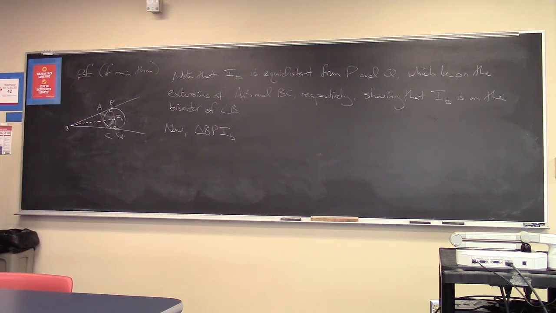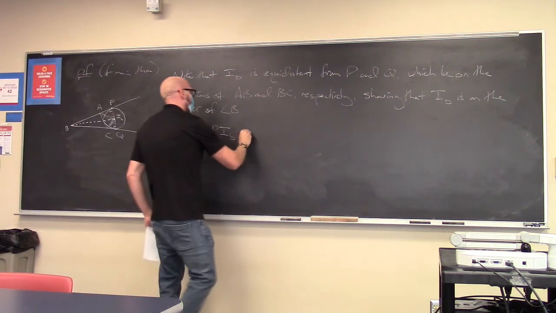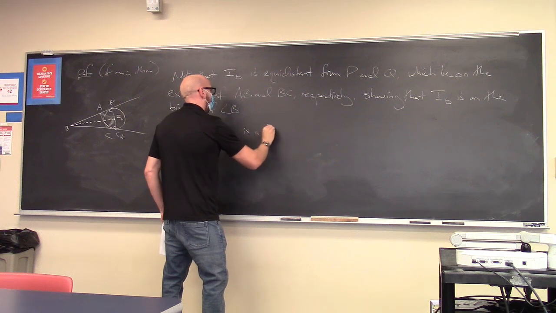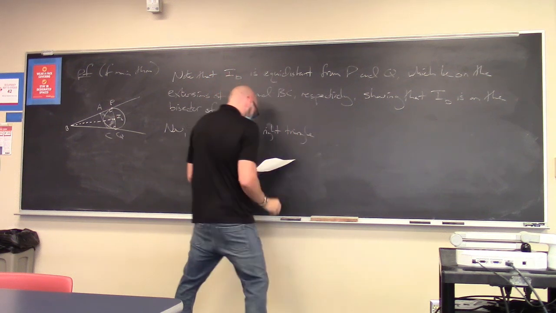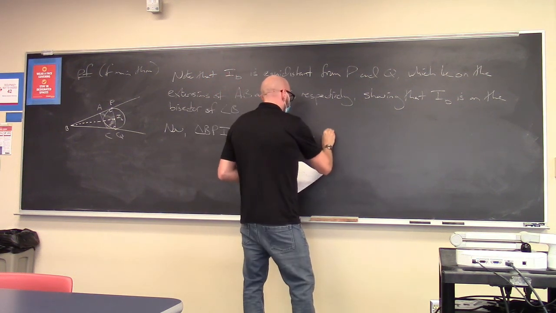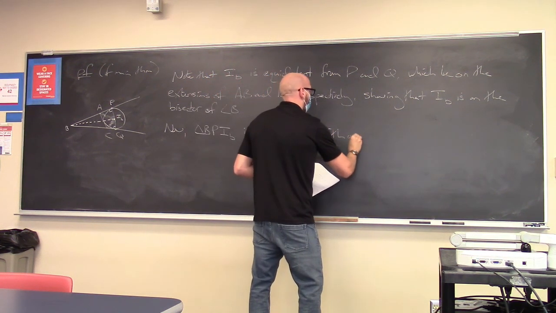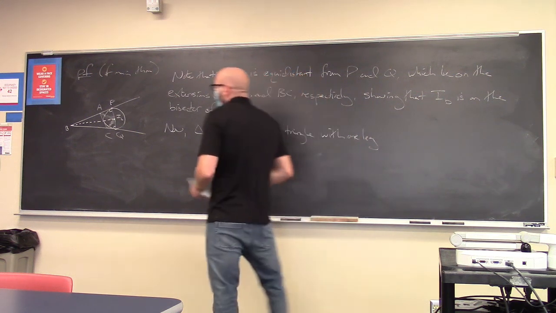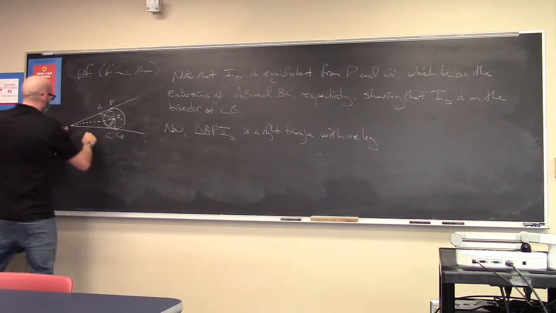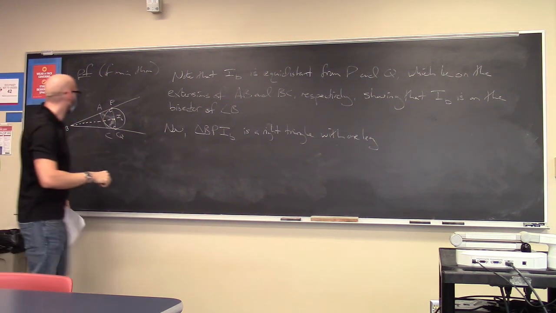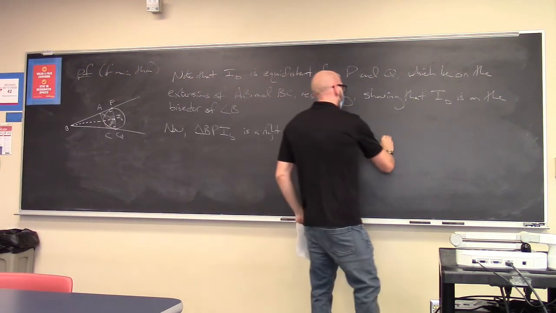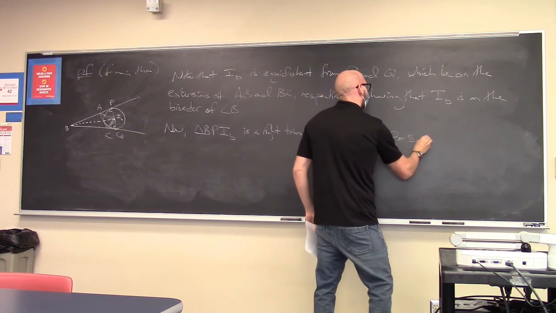Okay, so this is a right triangle, with one leg BP. As we just showed by our lemma, BP is equal to S. So there's one leg. BP equals S.